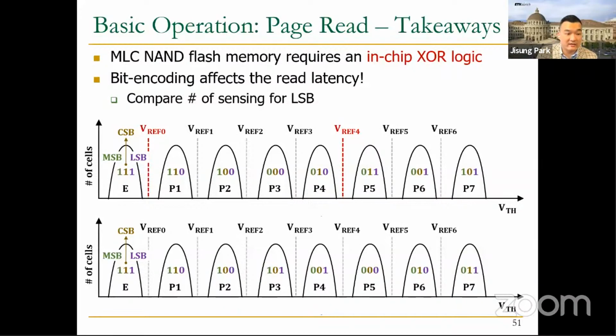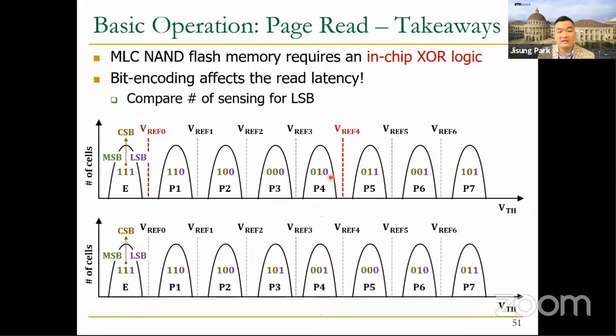We are now reading the LSB, so you should check the reference voltage where the corresponding bit value changes, right? You can see that only at BREF0 and BREF4 there is a change in the LSB data.